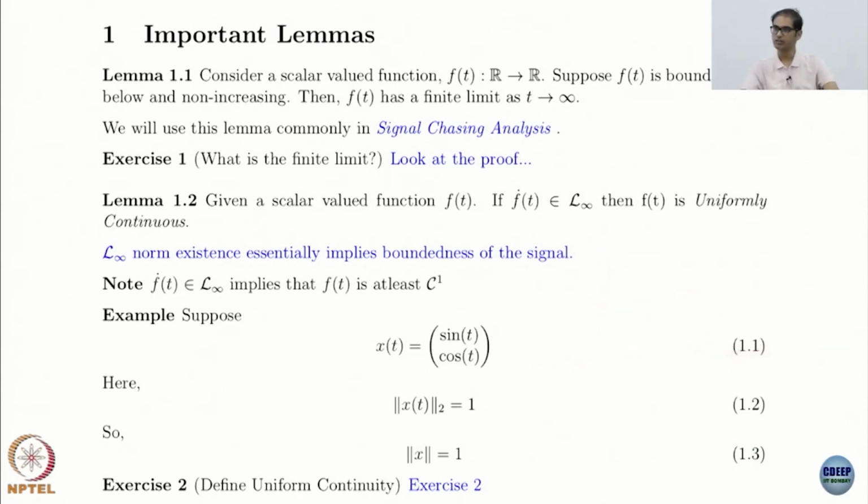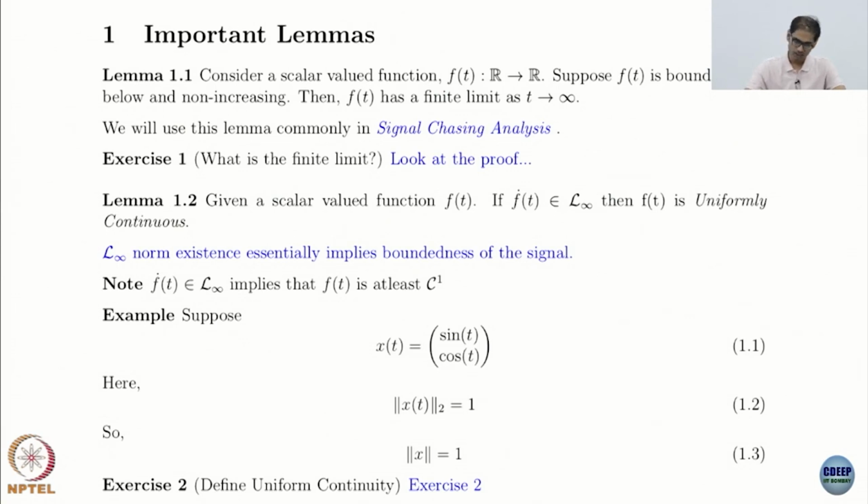This is the kind of function we are talking about. It has a lower bound and it is non-increasing. Then this lemma says that such functions have a finite limit as t goes to infinity. So the limit as t goes to infinity of f(t) exists and is finite.